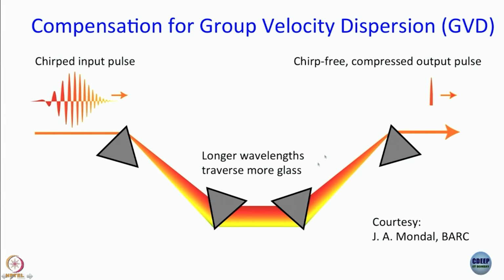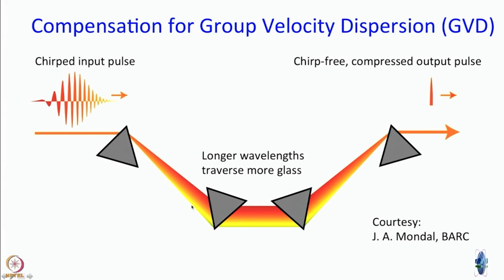Okay. And then it goes to another prism pair, then again they are brought together and it goes out as a beam. So, here the inherent assumption is that the light marked in red is trailing and the light marked in yellow is leading.